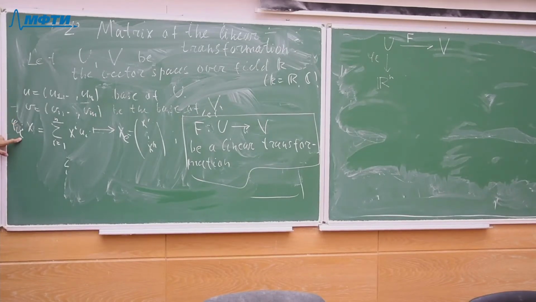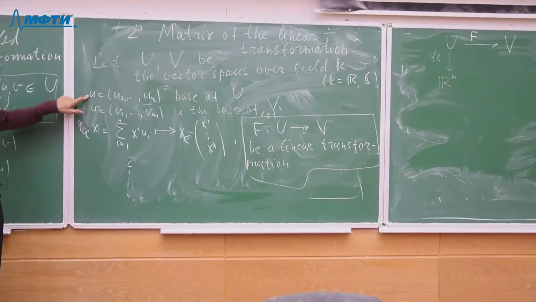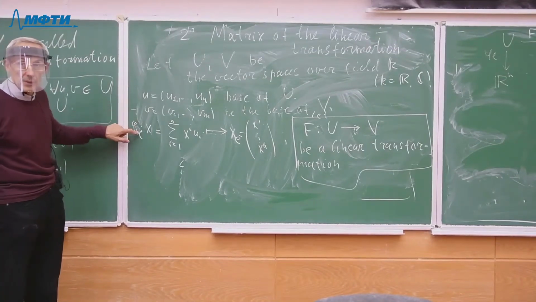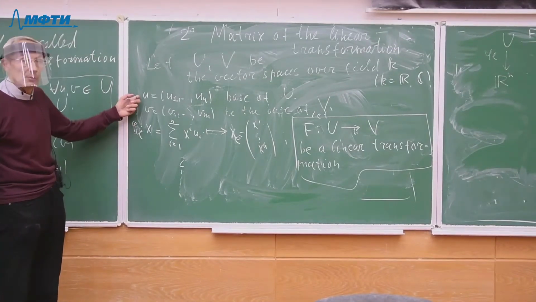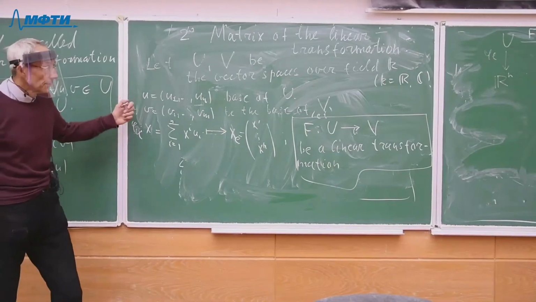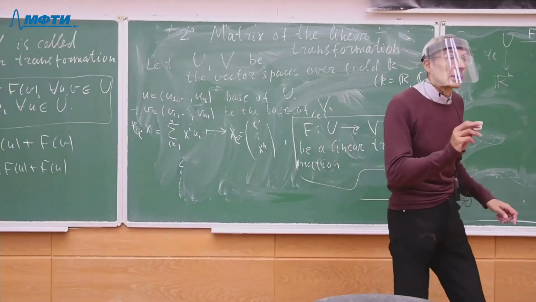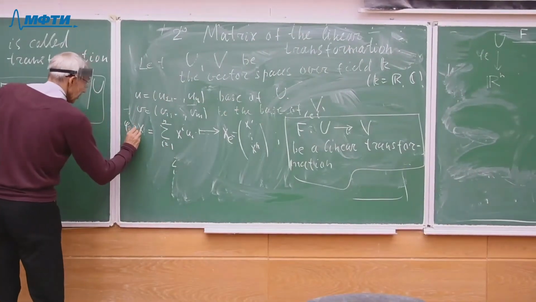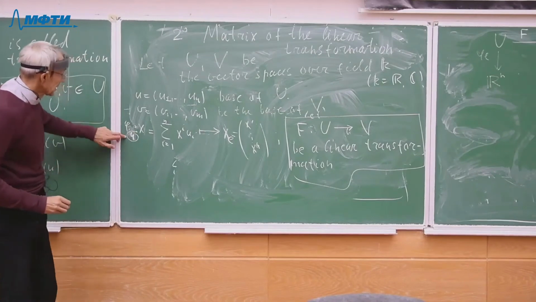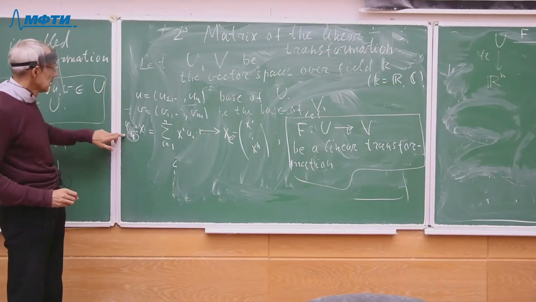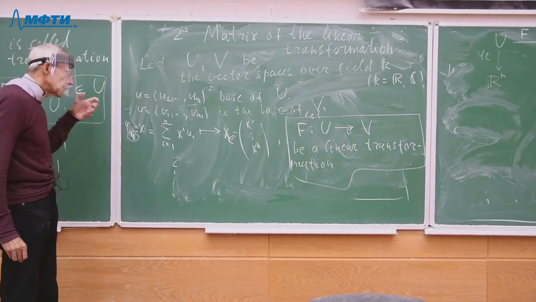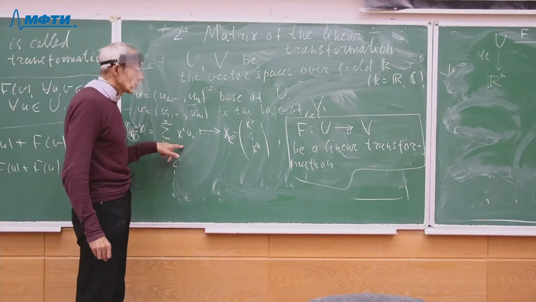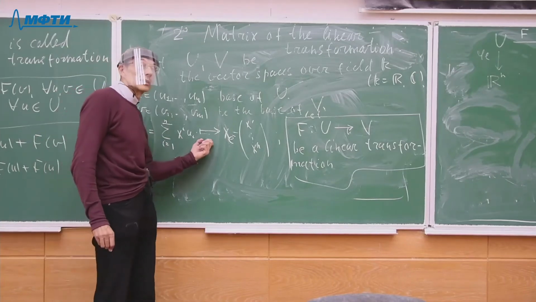This mapping is defined by the choice of the basis in the vector space. This mapping is uniquely defined by the basis. For U, phi U, where U is the letter which denotes the basis. We choose a basis in this vector space, and the choice of this basis uniquely defines this correspondence.